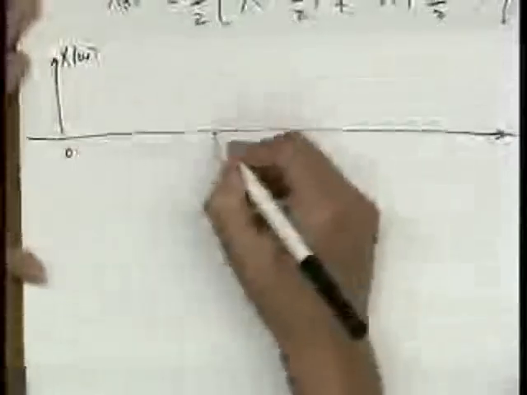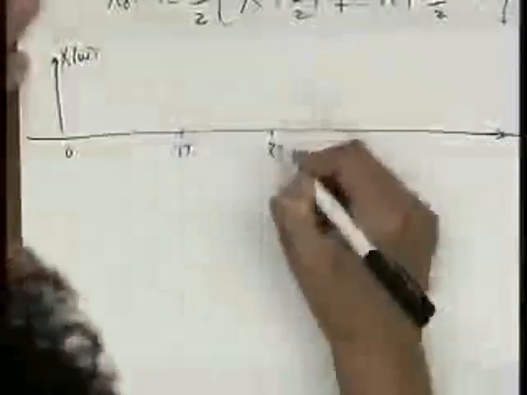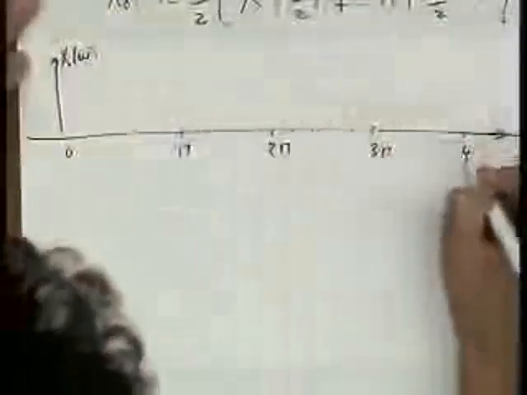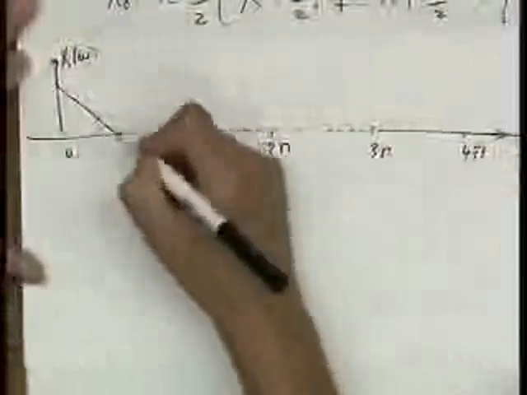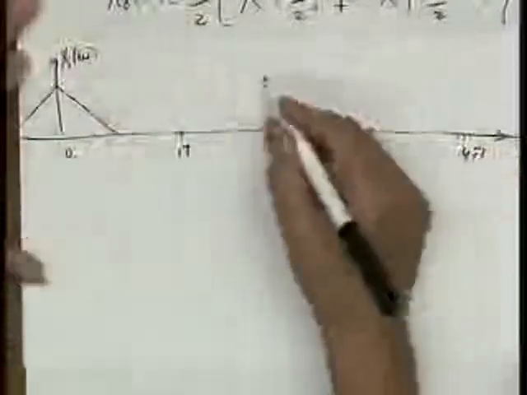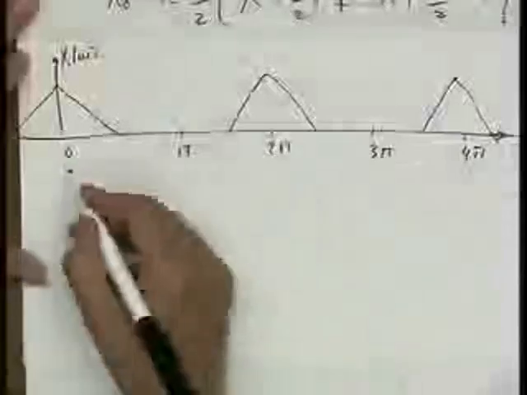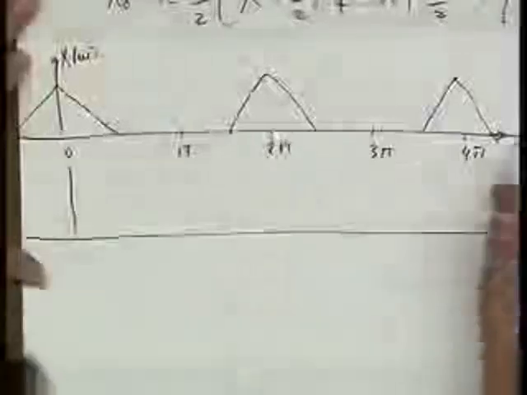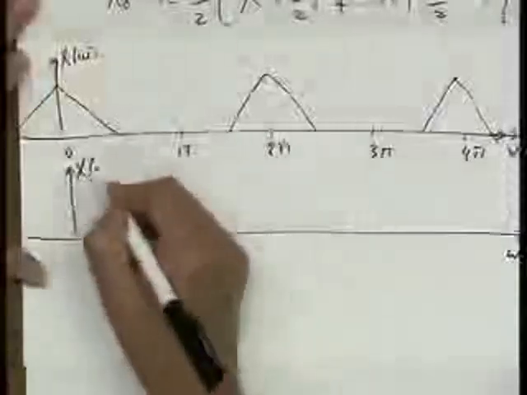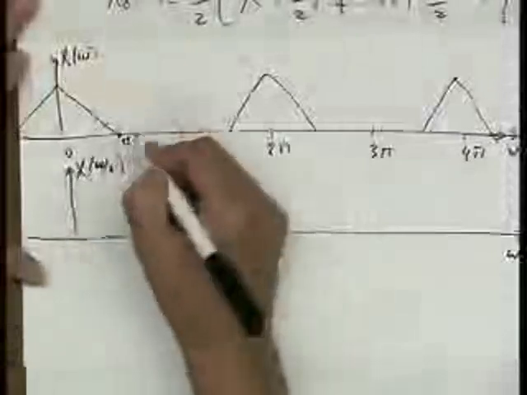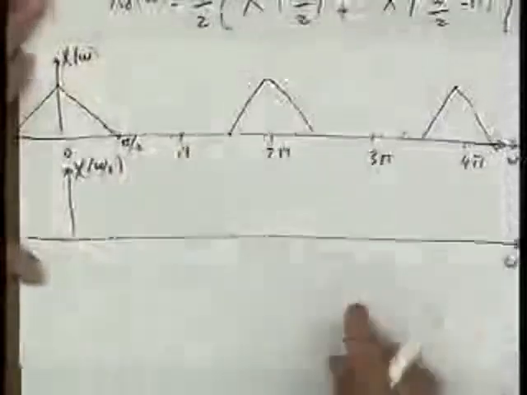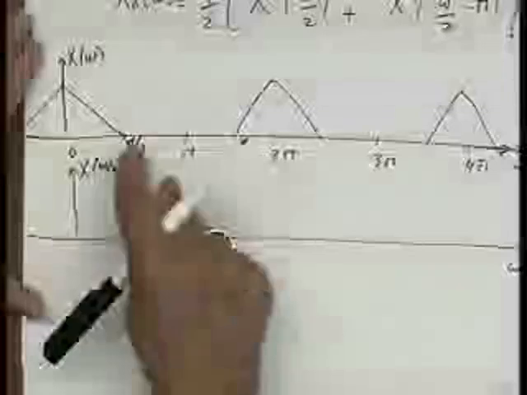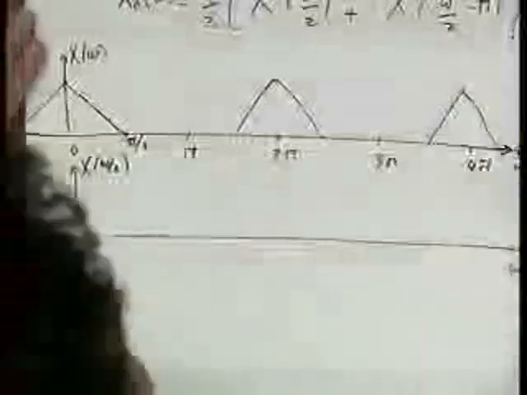X of omega, that's 0, pi, 2 pi, 3 pi, 4 pi, and it went all the way to pi over 2, and here it went to pi over 2, and here it went to pi over 2. So let's draw, as a function of omega, X of omega over 2. It's like stretching this axis.